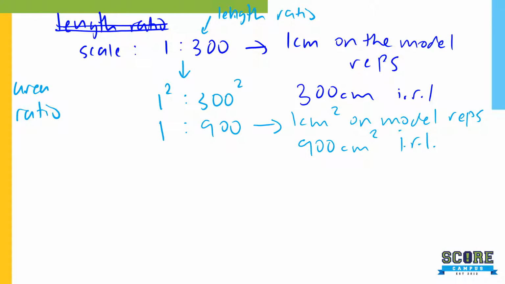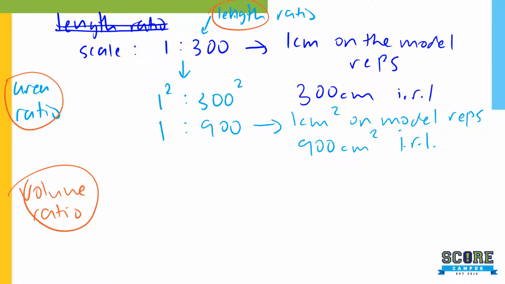Yeah? And now we move on to volume ratio. So now I hope you understand what volume is. Volume is three-dimensional, right? Area is two-dimensional. Length is one-dimensional. Volume is three-dimensional. So you cube it. So 1 cubed is to 300 cubed.